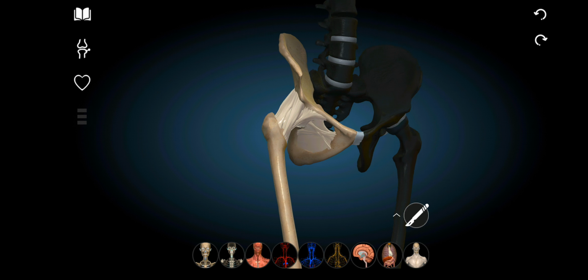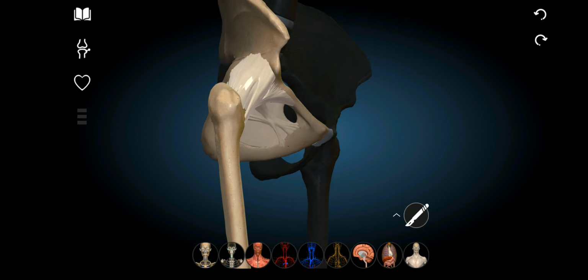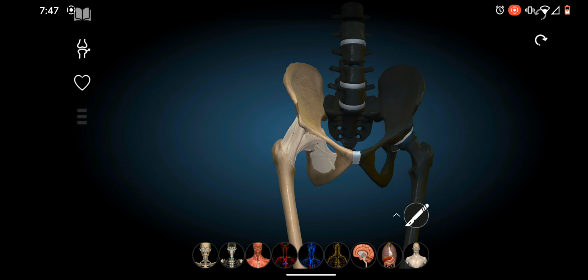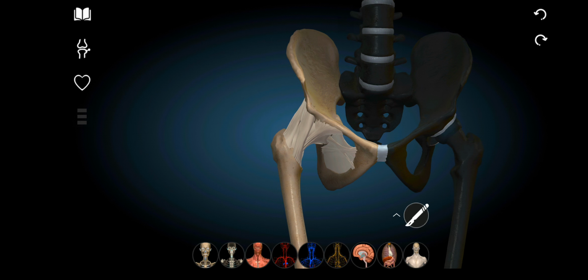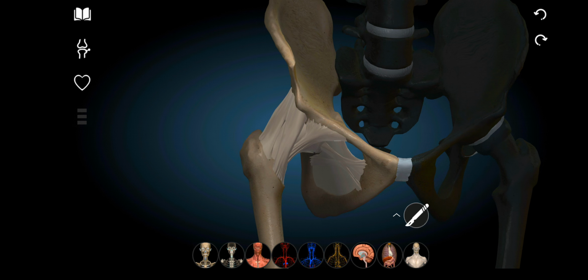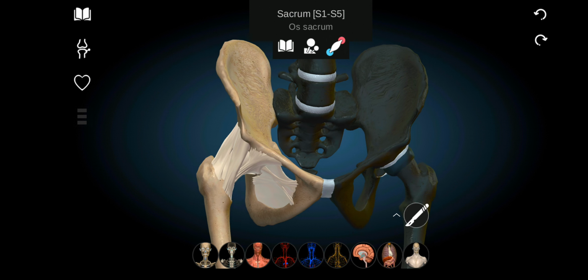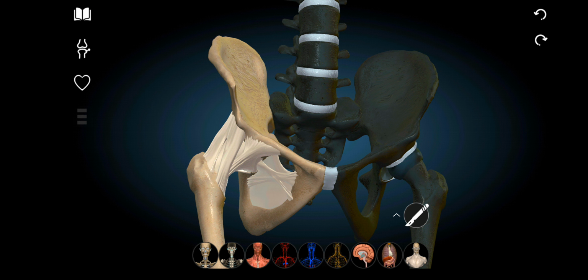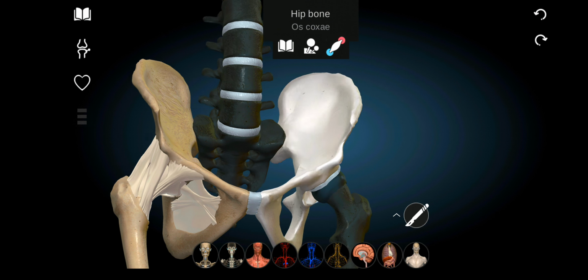We're going to start at the hip because the hip is one of those things that requires a lot of attention. It requires a lot of focus on what's going on because it does so many different things. The hip is a ball and socket joint, but then also when we look at the pelvis and how it interacts with the sacrum, so there's sacrum back here, it's basically a gliding joint. So when we look at the hip, we're looking at two different sides of the pelvis.